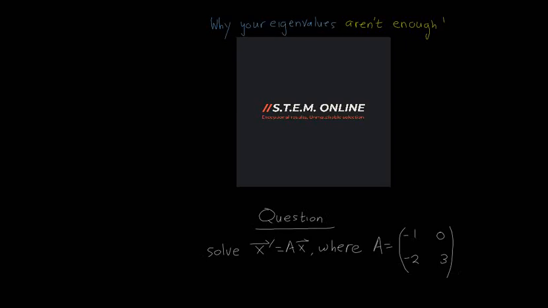So what we're going to look at today is something very interesting. We're going to be looking at an ordinary differential equation that doesn't come up that often, but it's good to know how it works. Just because it doesn't come up often doesn't mean it's not important. This type of differential equation has a linear algebra crossover.